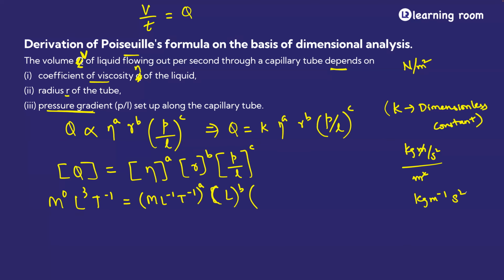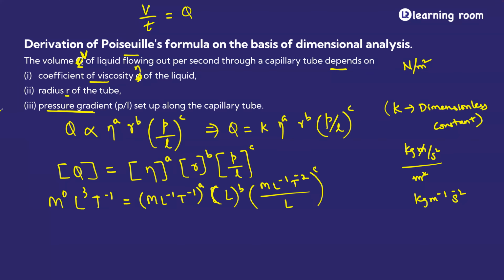So what is it going to be? M L minus 1 T minus 2, the whole divided by L, raised to the power of C. Is it correct? Check it once. Correct? I hope it's clear.